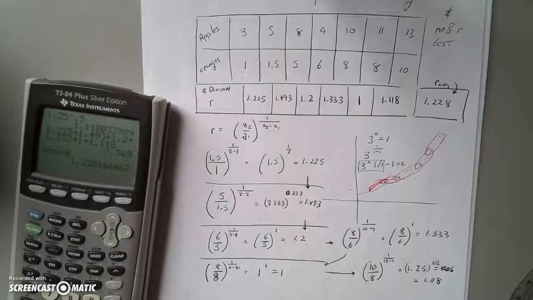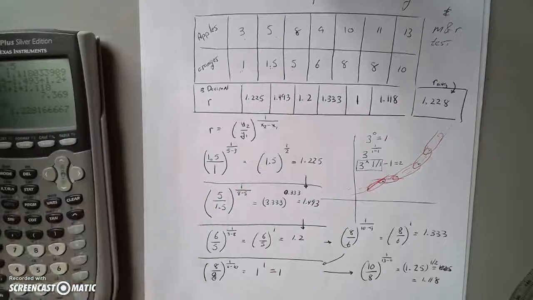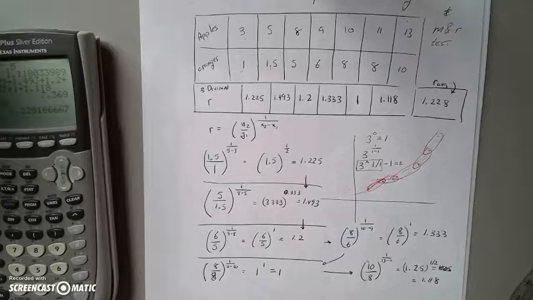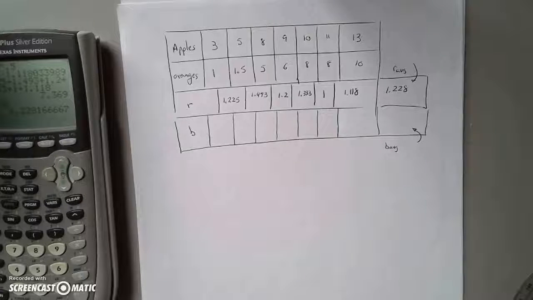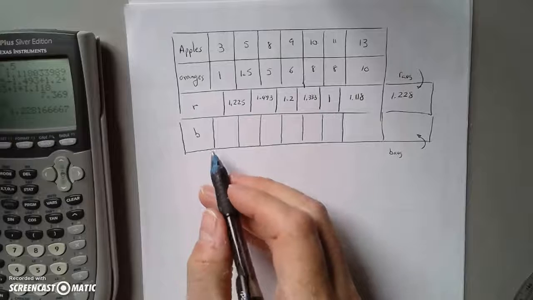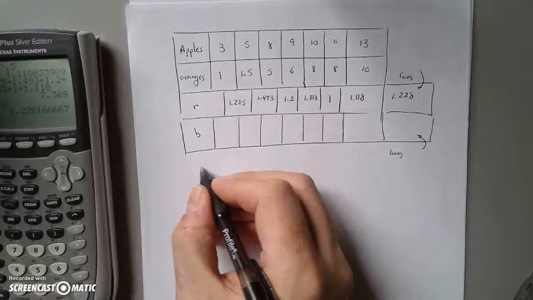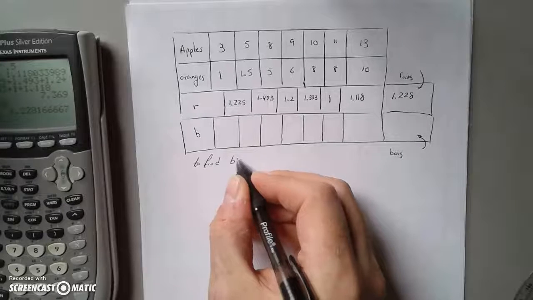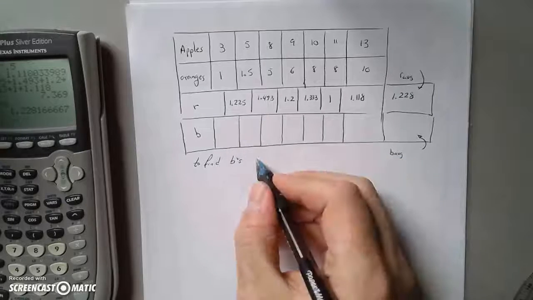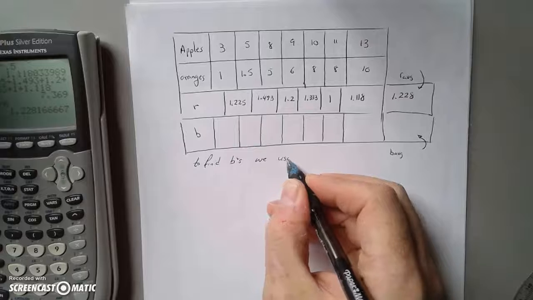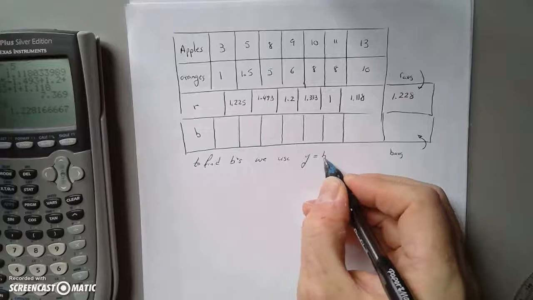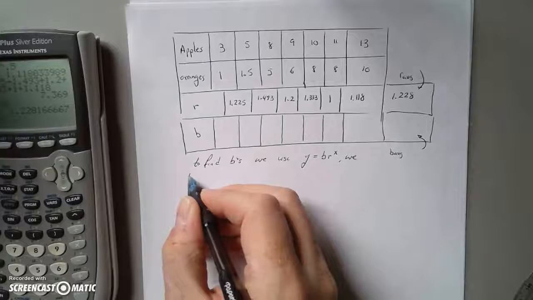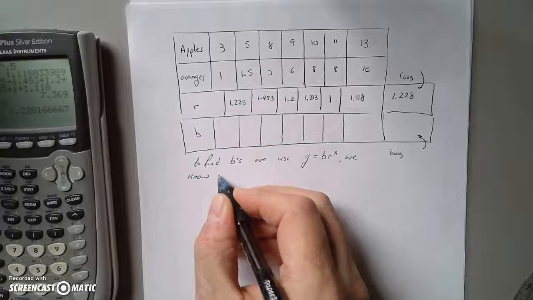Okay, now for the b values. So what I'm going to do is recopy all this on a separate sheet of paper and then do the b values. And we're back. To find b's, we need a lot of them. We use y equals b r to the x. We know r.